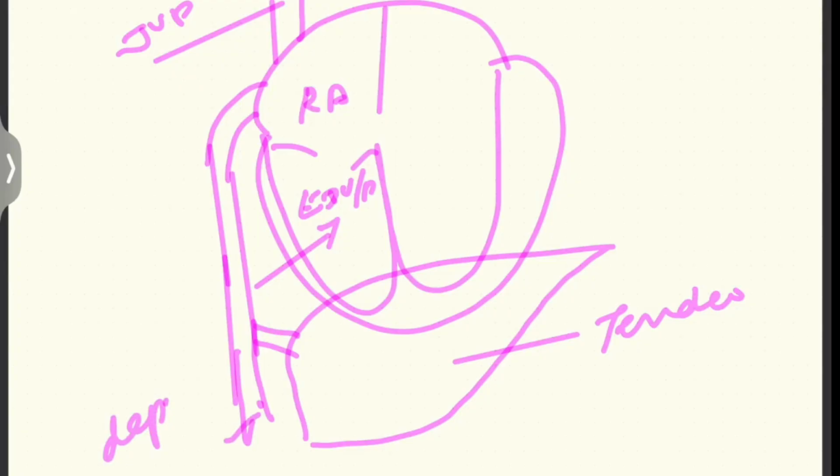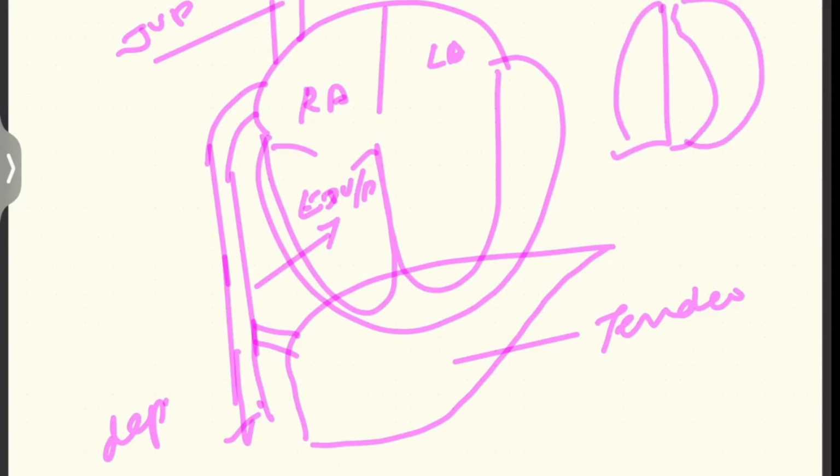In the same way, things happen in the left ventricle, which leads to an increase in the left atrial pressure, and that leads to an increase in the pressure inside the pulmonary venous system. That produces transudation of fluid into the alveoli, producing pulmonary edema. Hope this mechanism of edema in heart failure is clear to you.